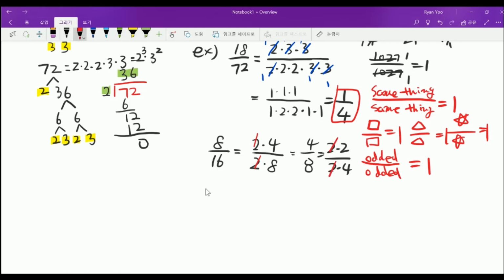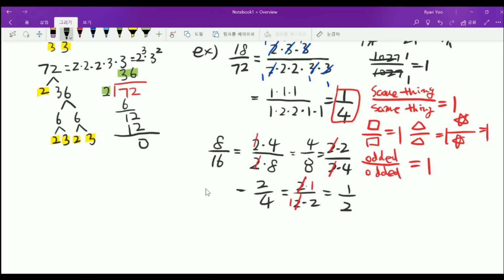All I have left is 2 over 4. Wait a minute, I know something about 4, which is 4 is 2 times 2. So I cancel that out using another color, let's say. They're gone. So all I have become 1 and become 1, right? So at the end of the day, it is 1 over 2.